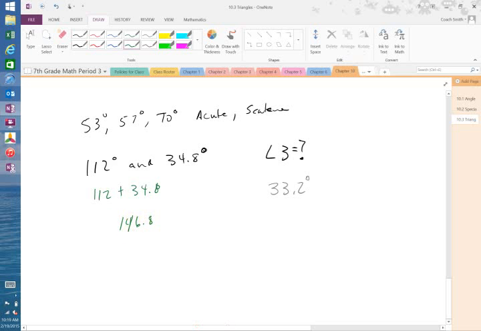When you add those two together, if you take 146.8 and subtract it from 180, obviously we have to borrow from this, make it a 9, make that a 7, make that a 10. That would be 2, bring down my decimal, 9 minus 6 is 3, 7 minus 4 is 3. So 33.2 is how we got that right there.